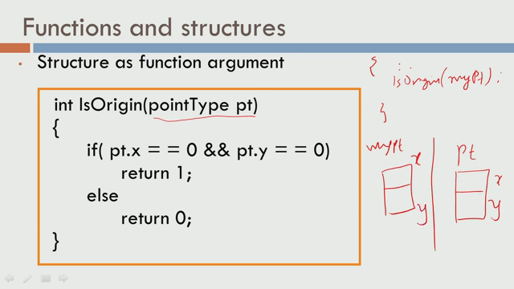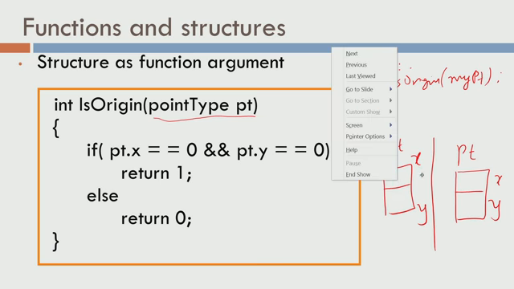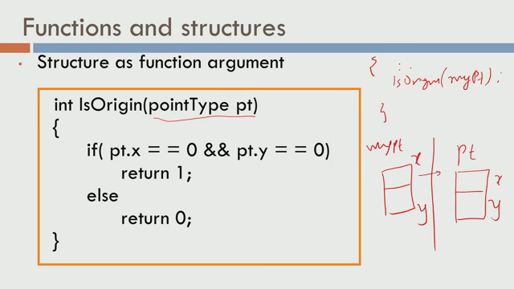And when you see this function call, what happens is, just like what happens for basic variables, the value of the structure is copied to here. What I mean by that is, the value of the x member is copied to the x member of pt, and value of the y member of my pt is copied to y member of pt. So at this point pt has copies of the x and y members of my pt.